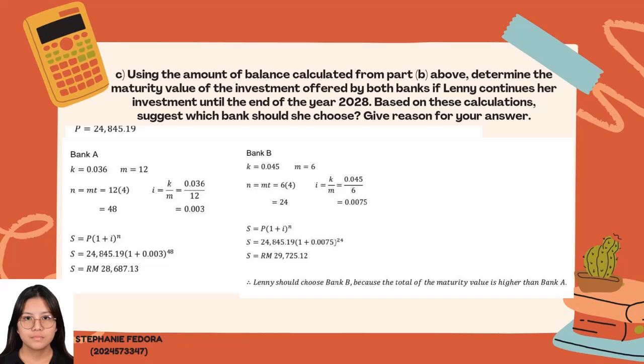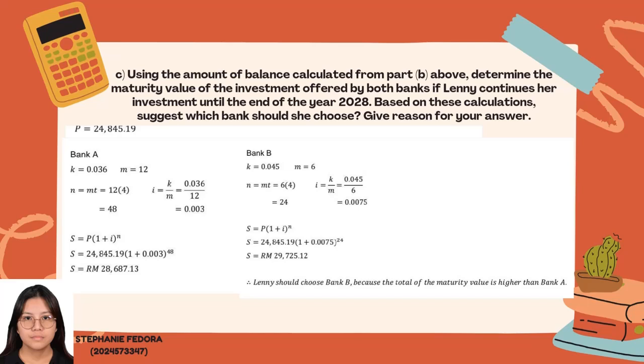Bank A, which offers an annual nominal rate of k equals 0.036 and frequency of conversion of m equals 12, which gives the total number of interest periods n as 48 and the periodic interest rate i as 0.003.